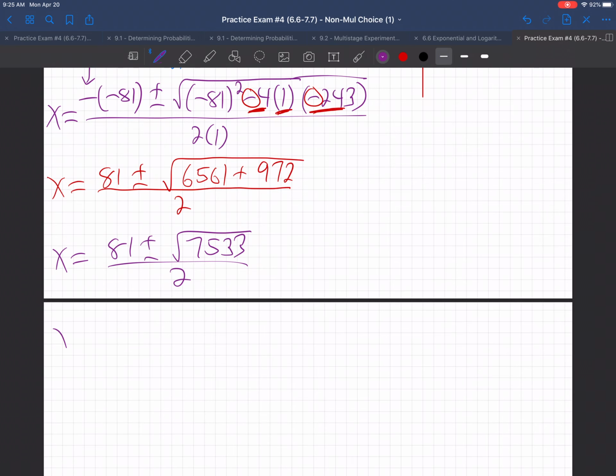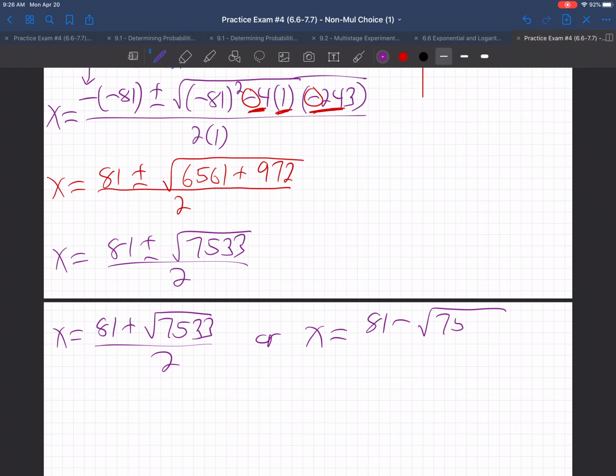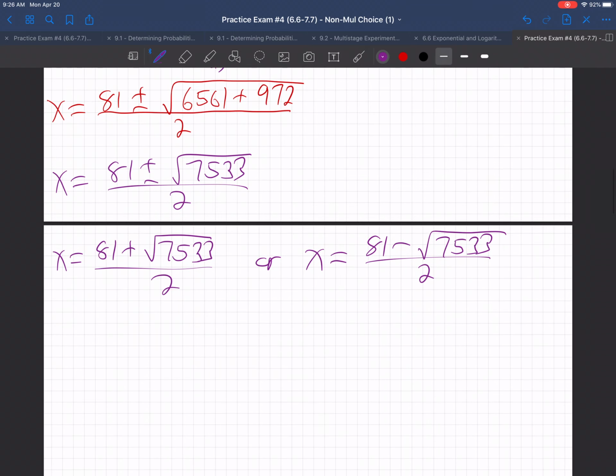So we're going to need to break this into 2 answers now. So x is going to be 81 plus the square root of 7533 all over 2, or x is going to be 81 minus the square root of 7533 all over 2. So let's do those 2 answers. Remember, when you finish the numerator, you have to hit equals, same thing over here, before you divide by 2.